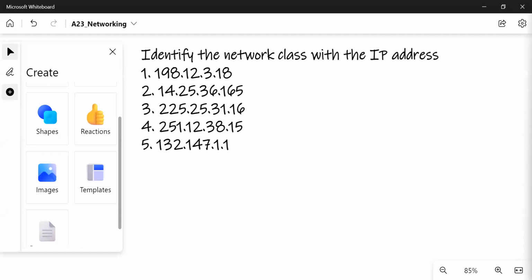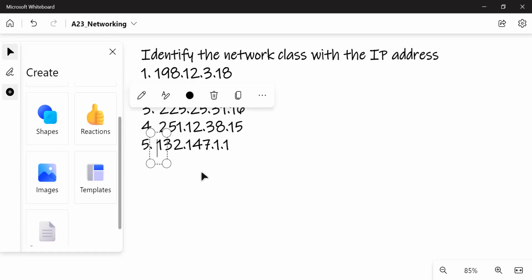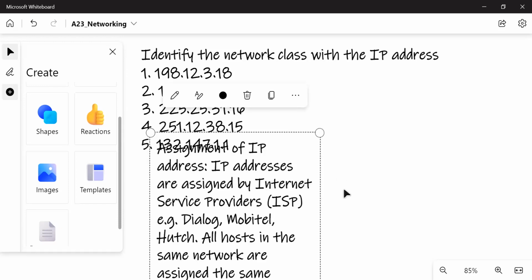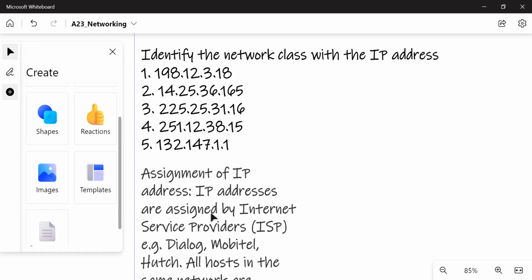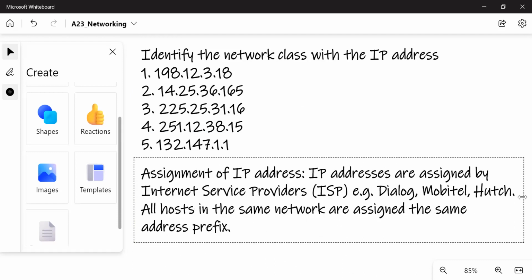The next thing is who will be assigning the IP addresses. Usually the IP address assignment is done by the internet service providers. In our case, these are the telecom companies such as Dialog and Mobitel.